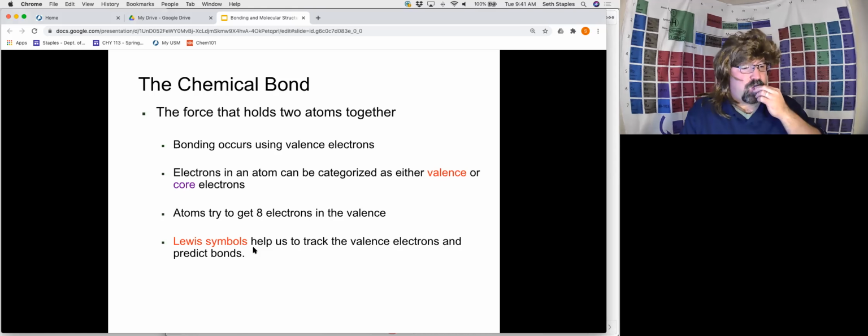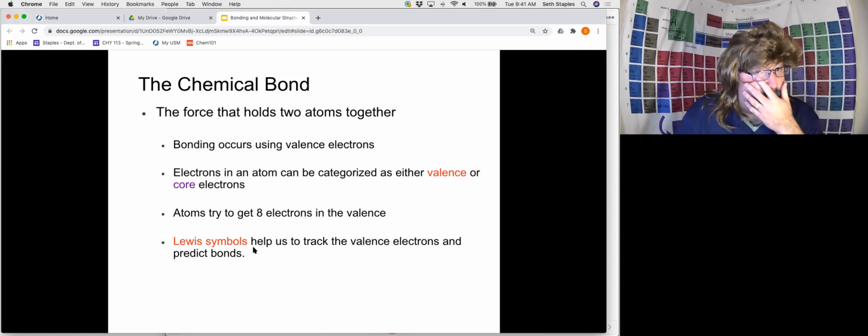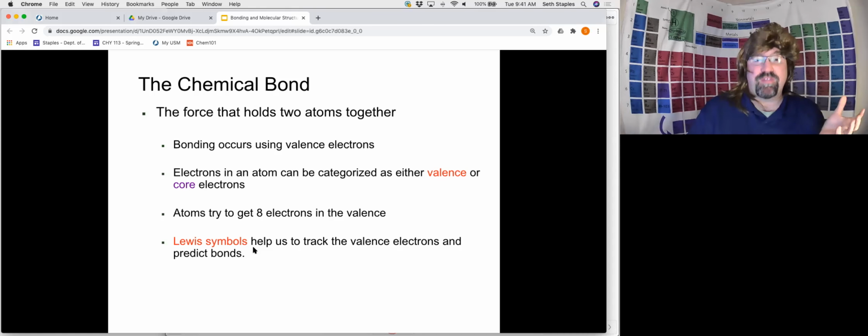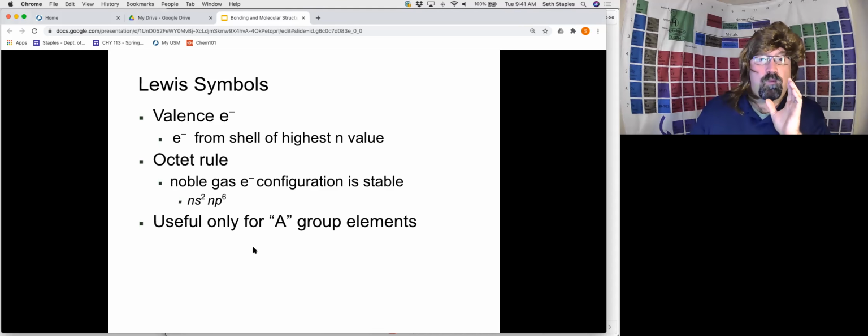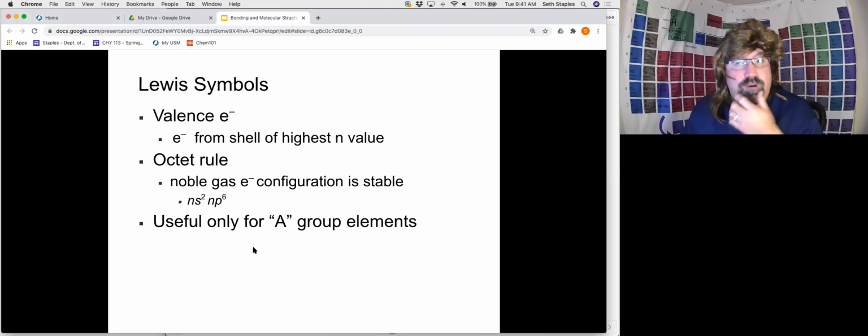The Lewis symbols that we introduced earlier for elements, we're now going to expand those to entire compounds. We're going to use our valence electrons, our electrons from the highest n. We're going to follow what we call the octet rule, where we try to get 8 electrons in every atom within the compound.